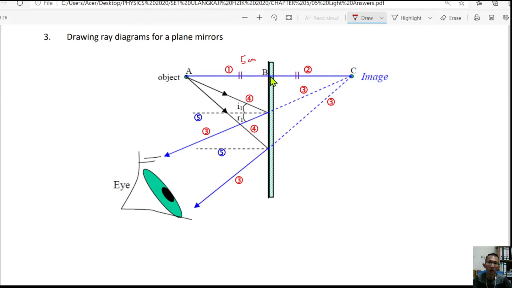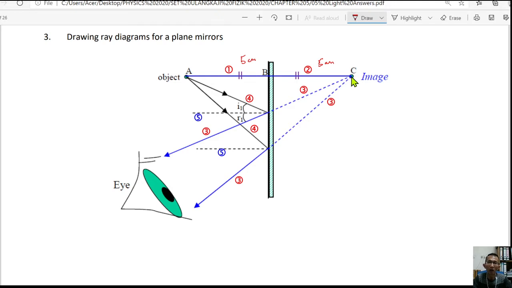Once you have measured it, you measure the same distance, 5 centimeters, beyond the mirror, because the object distance AB and the image distance BC must be the same. We have covered it just now.